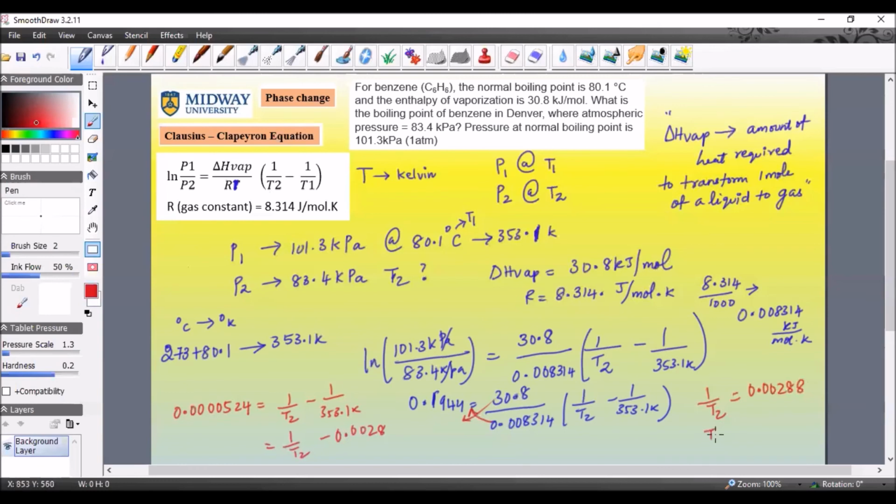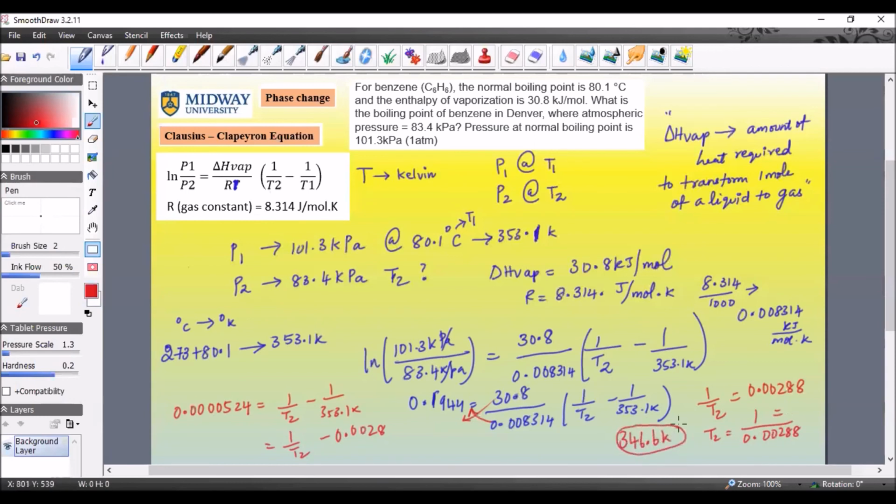So T2 equals 1 over 0.00288, which equals 346.6 Kelvin.